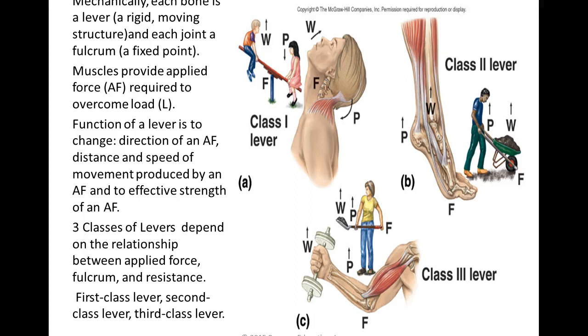A third class lever is most common in the body, and what you have is the applied force is between the resistance and the fulcrum. So you have W as the resistance here. The lady's got something in her shovel.